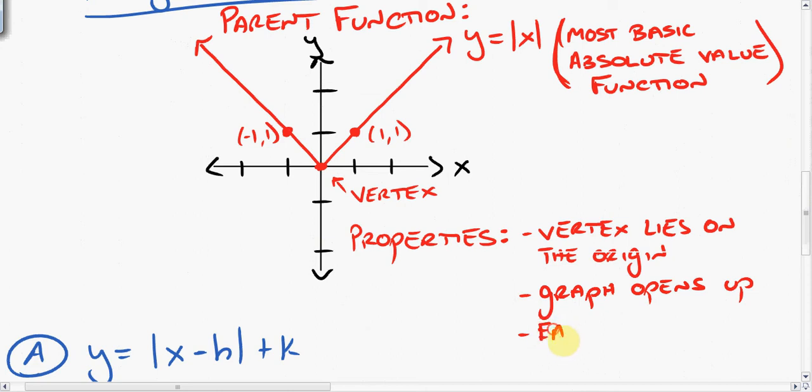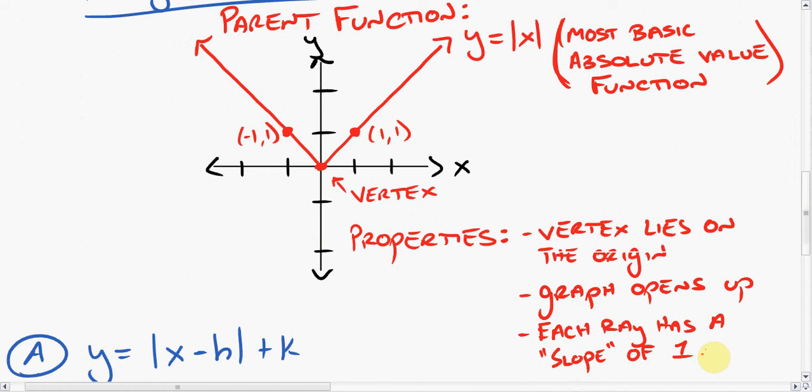So each ray has a slope (or constant rate of change) of 1. So we're going to graph three absolute value functions in 3 different forms.